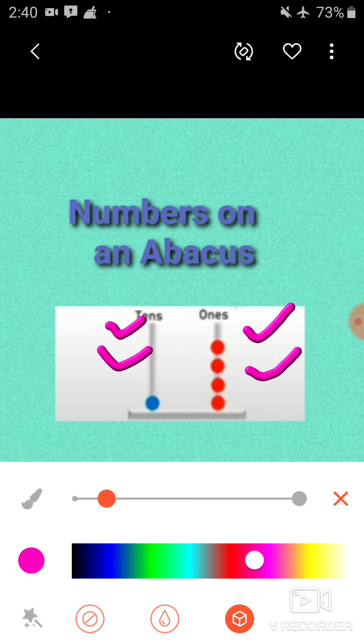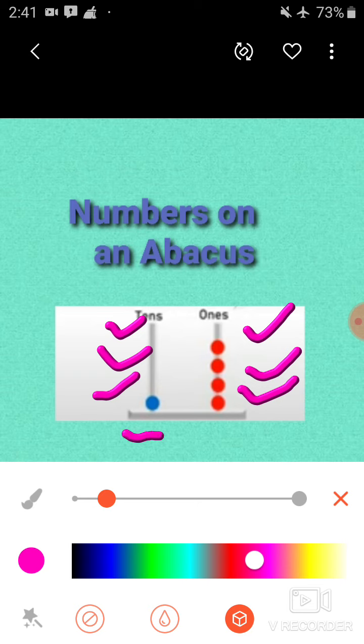So students, let's see how to read the numbers on an abacus. Remember, the tens column is on the left and the ones column is on the right. Okay, did you get it? Students, look here. There is one bead in the tens spike.